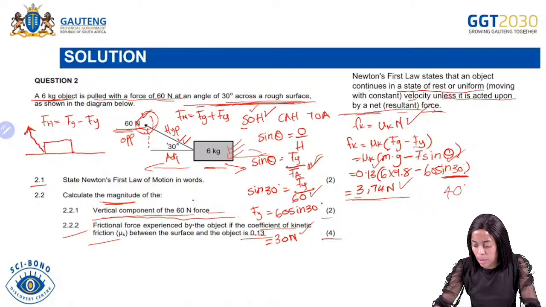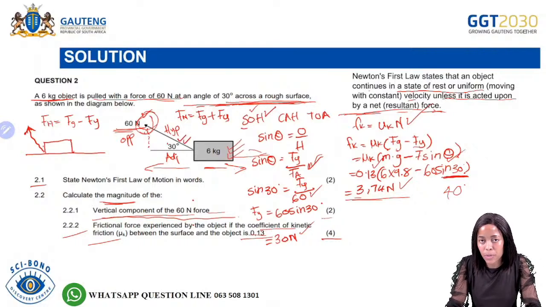So if I now have a 40 instead of a 30, what is going to happen to the friction? When I had 30 degrees, my answer was 3.74.